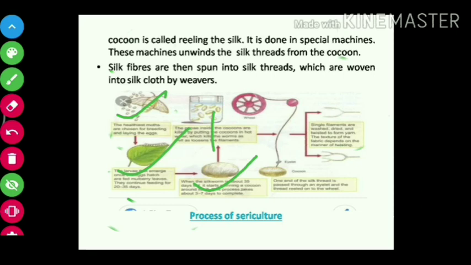These cocoons are unwound by the machine. Look, it is unwinding, means the silk thread are coming out. They are taking out silk thread from this cocoon, and this is called reeling of silk. And these are again spun into silk thread, which are woven into fine beautiful clothes.